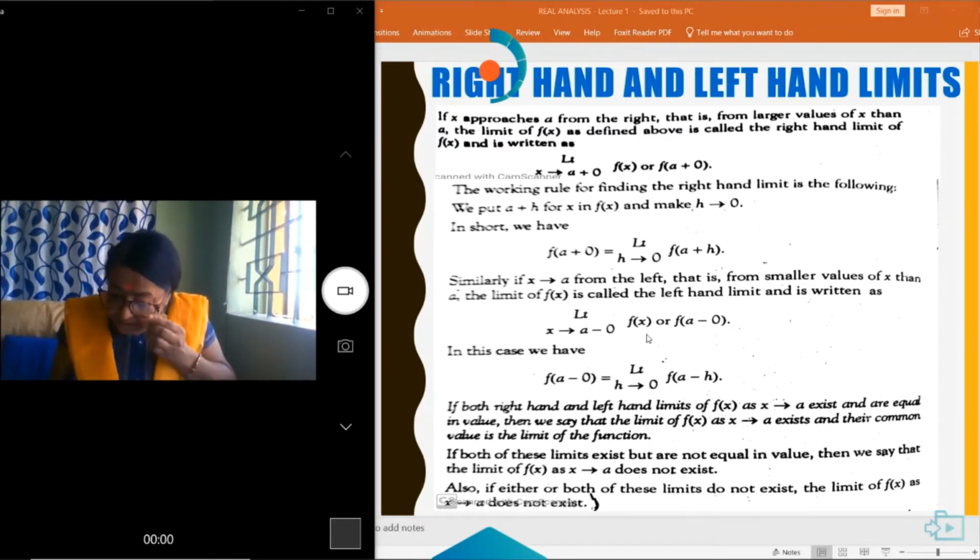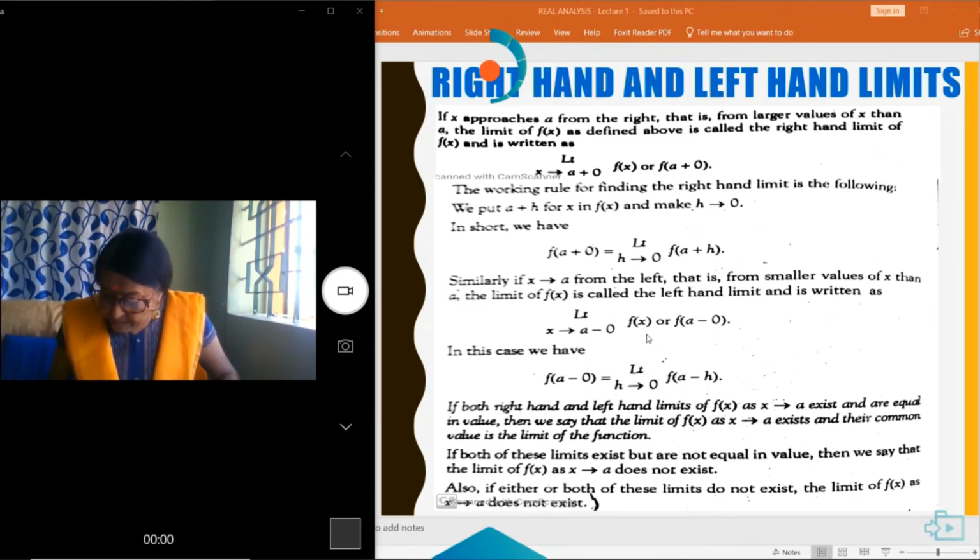If the left hand limit and the right hand limit are not of equal value, then we say that the limit of f(x) as x tends to a does not exist.